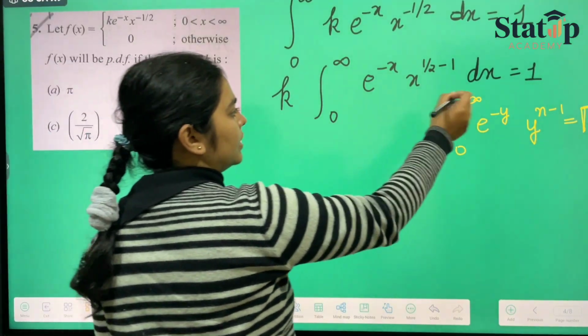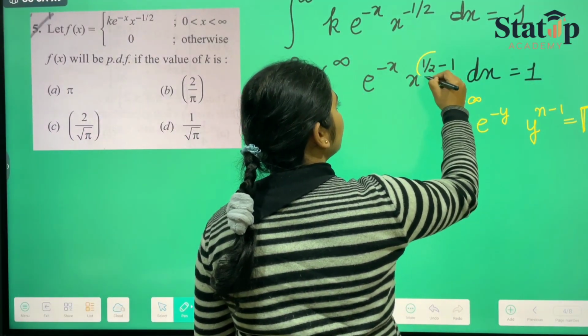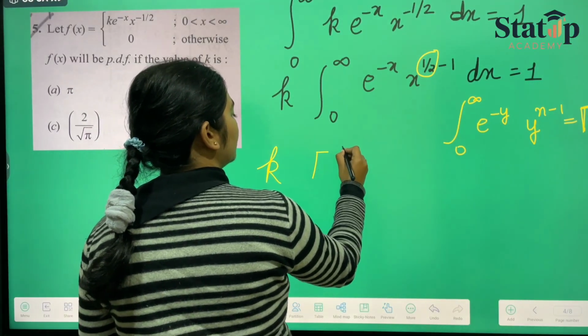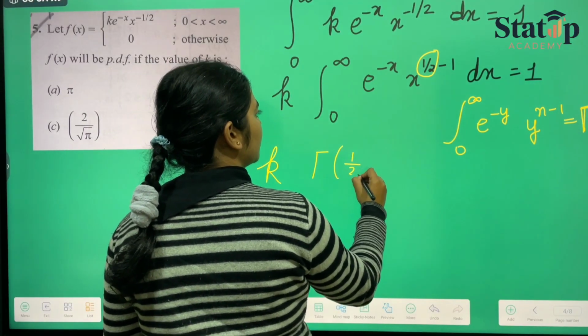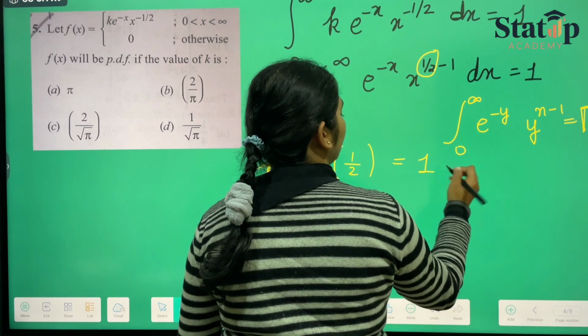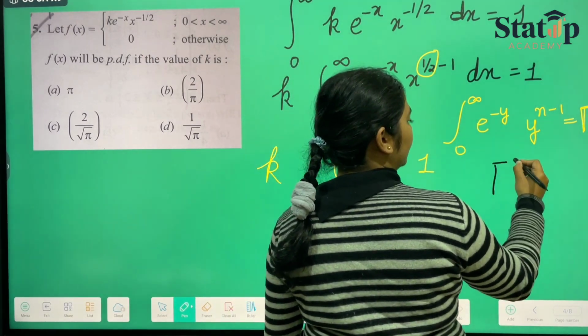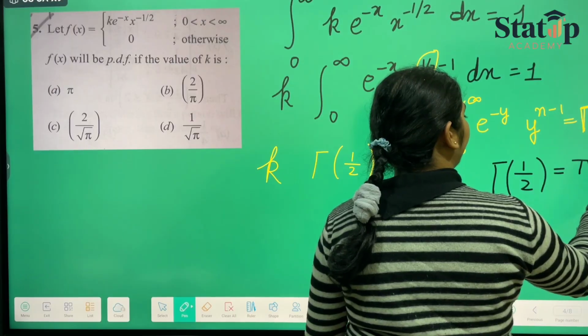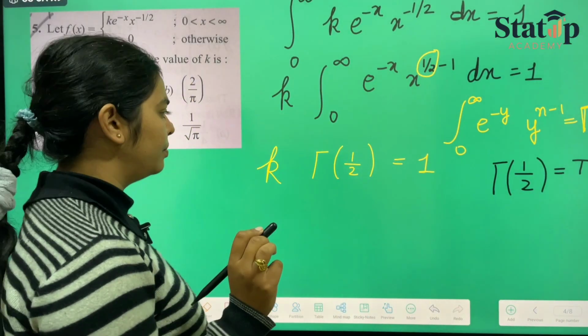Here in place of n we have half. So this will be k into gamma of half, which equals 1. This should also be known: gamma of half has the value root pi.